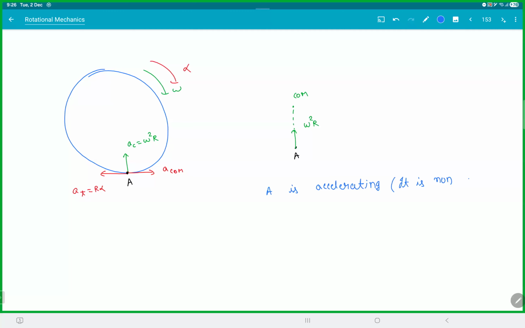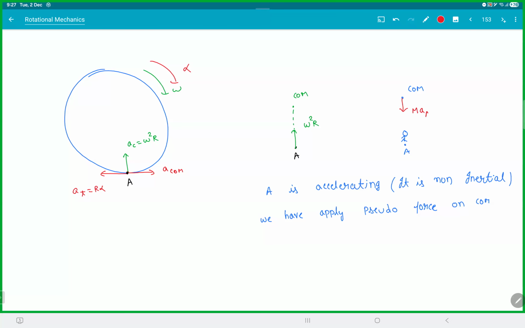This thing saves you time actually. But center of mass is always the best point to take. It is non-inertial, so we have to apply pseudo force. So if an observer is standing on A, this is the center of mass. Where do you apply the pseudo force? We have to apply the pseudo force on center of mass, which will be mass of the body, acceleration of the observer A, opposite to it.